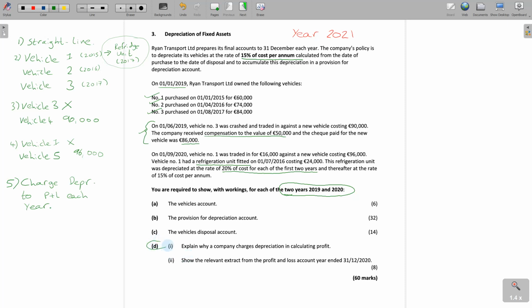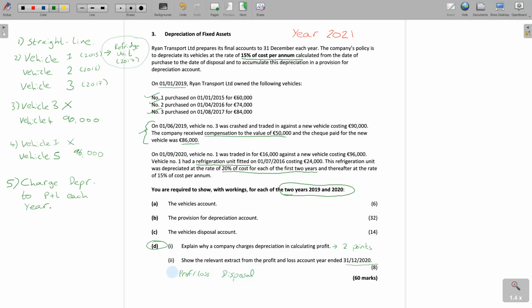Then our theory: explain why a company charges depreciation in calculating its profits. So we'll touch on that. We need 2 points really to get maximum marks of 4. And then show the relevant extract from the profit and loss account year ended 31st of 12th, 2020. So what we're going to need here is if we have a profit or a loss on disposal.